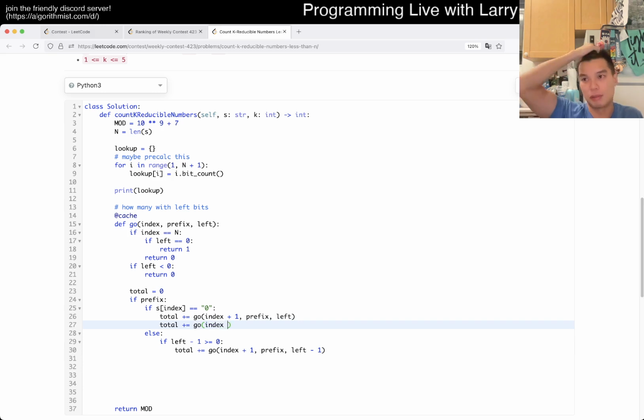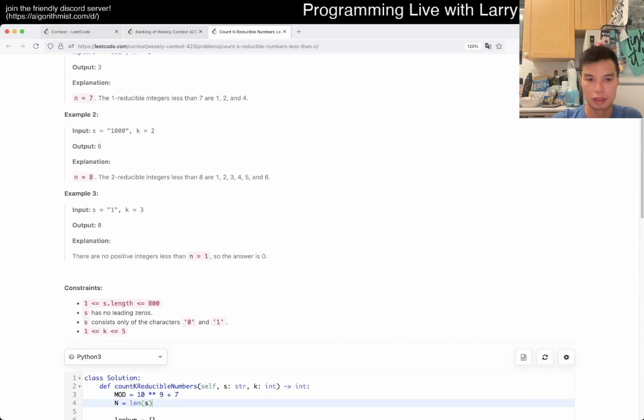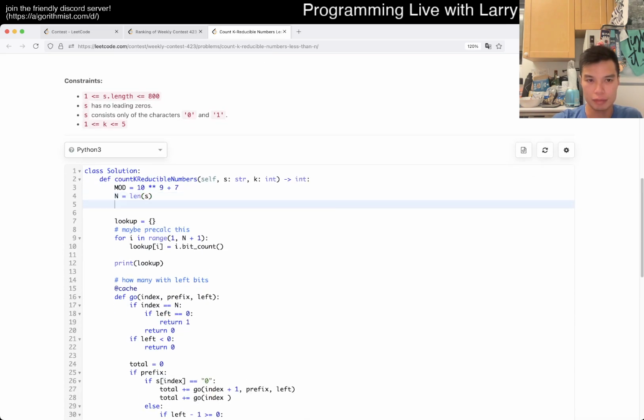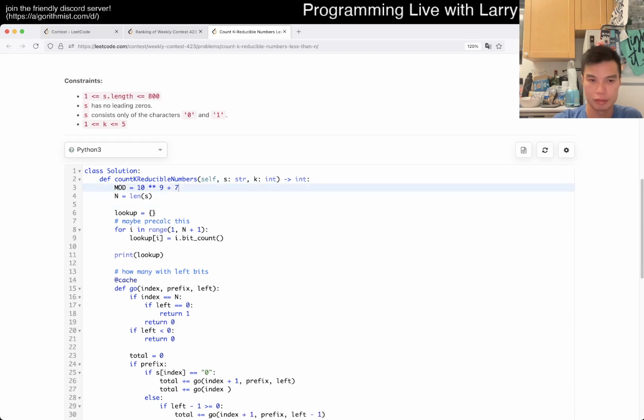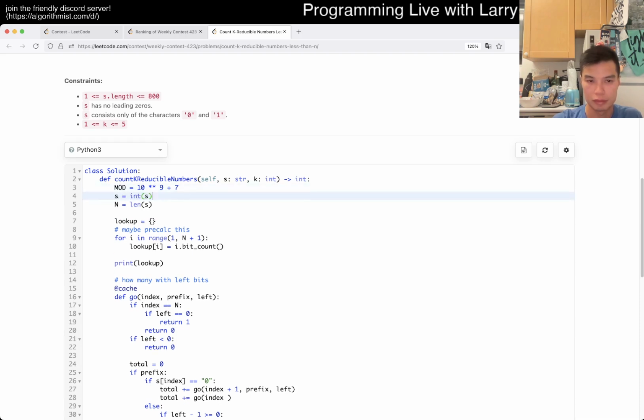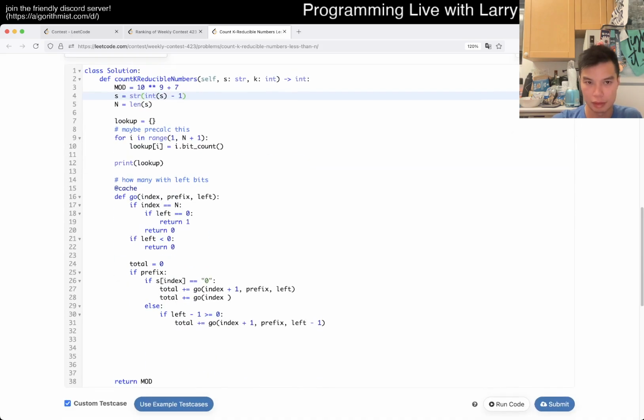Well, we're trying to go smaller, right? Okay. Yeah. Smaller or equal to, because we can just subtract 1 from this. Something like that.